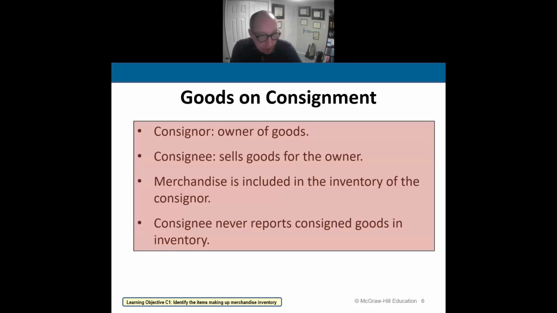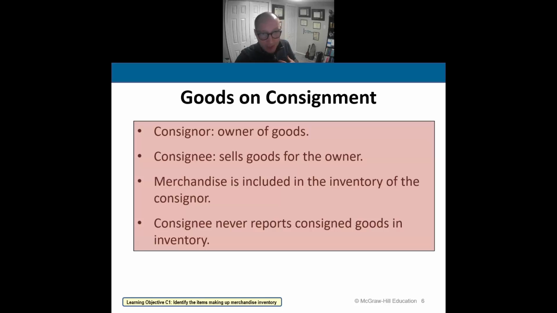The word consignment, again, means that the seller of the goods is not responsible until they've been sold. That's what consignment means. The stuff is sitting in my shop, but it's not mine. I'm just the person that was consigned to.